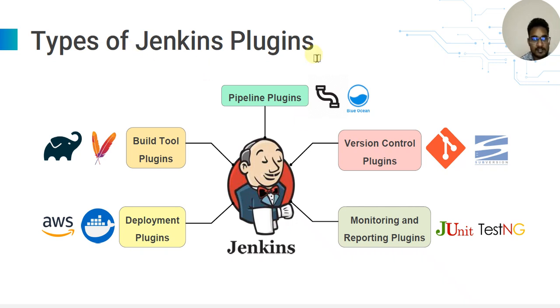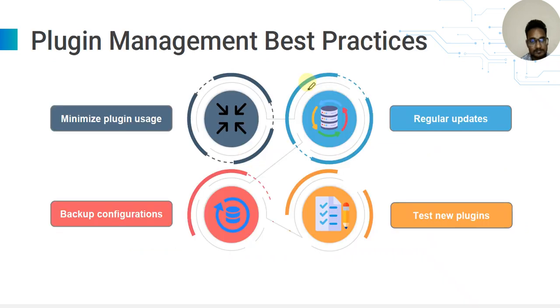Types of Jenkins plugins. There are multiple types: pipeline plugins like Blue Ocean, version control plugins like Git, monitoring and reporting plugins like TestNG, deployment plugins like AWS and Docker, and build tool plugins.